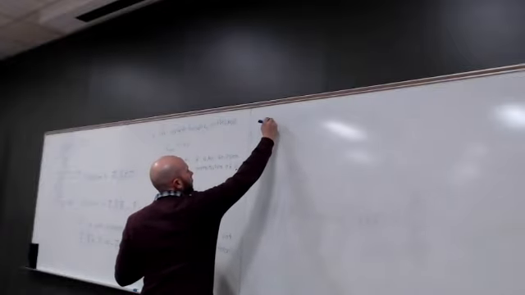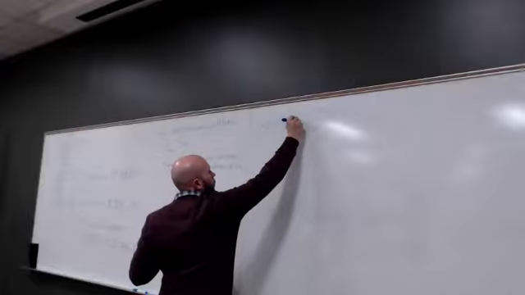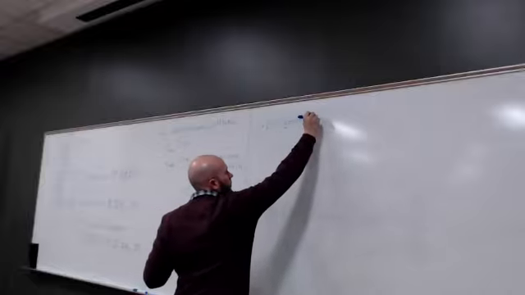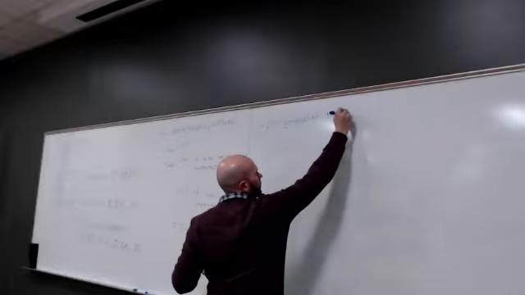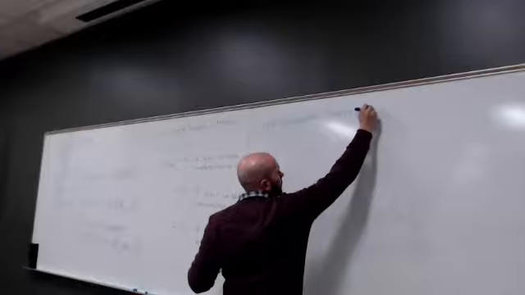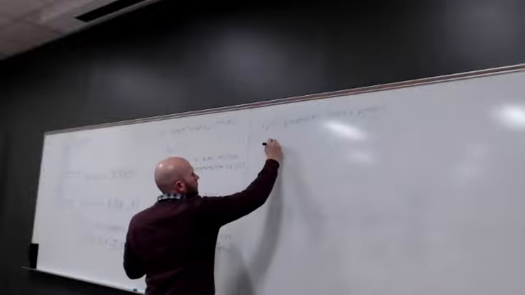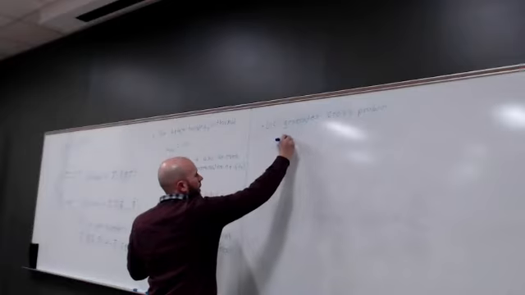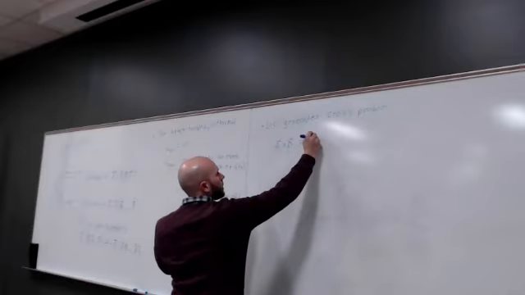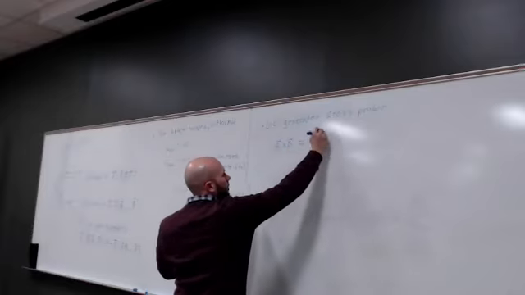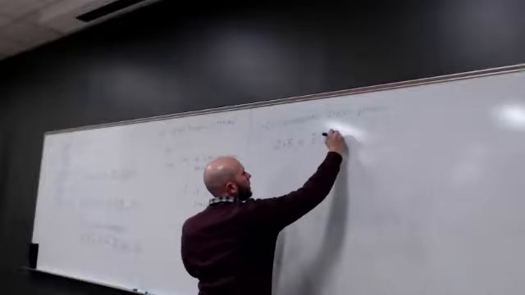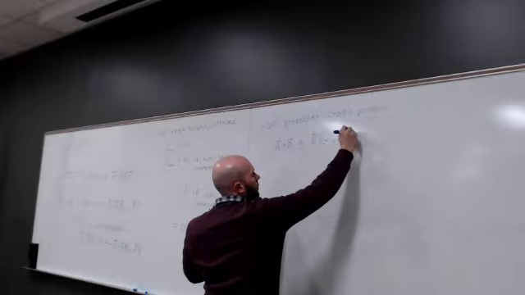So LC generates the cross product. The cross product of two vectors A and B is defined as the Levi-Civita tensor with A and B in its final two slots.